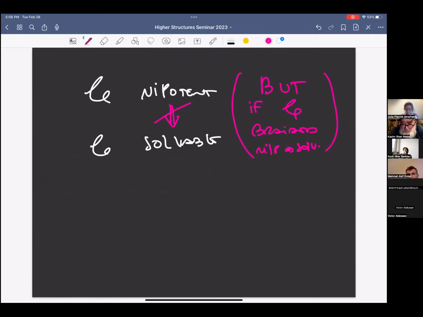Another thing is that nilpotency is not defined in terms of fusion rules, but you can decide if the category is nilpotent only by looking at the fusion rules.